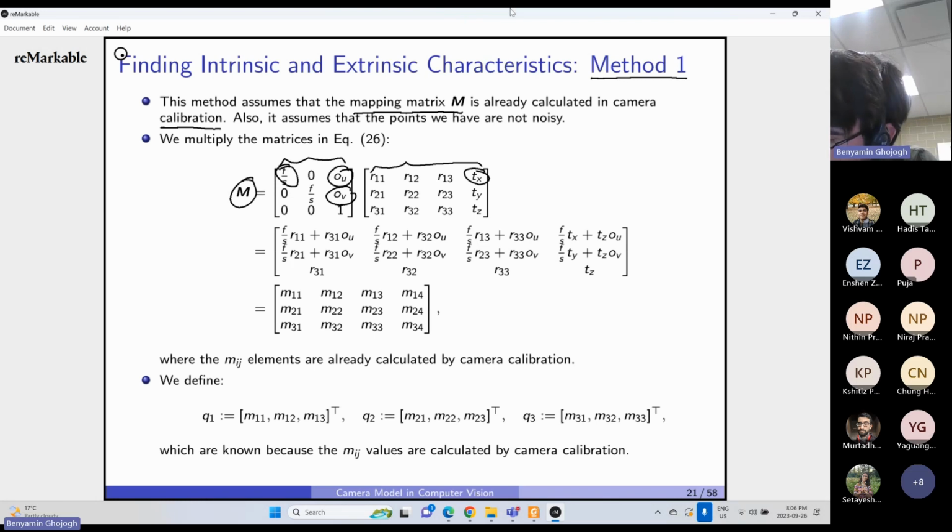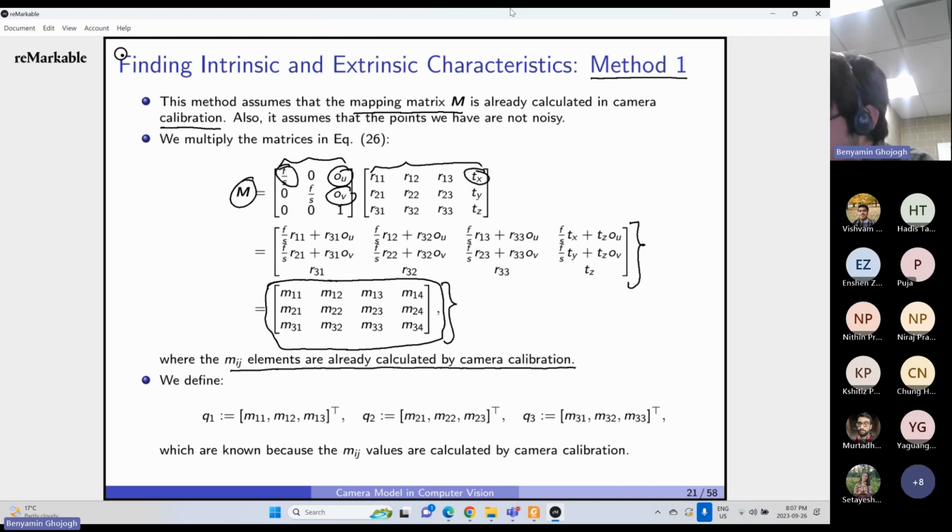Now let's multiply this matrix with this matrix. So the matrix M becomes equal to this. Then we know that this is equal to this. We already know this matrix by camera calibration, right? The Mij elements are already calculated by camera calibration. Now we can find out how each of these is determined.